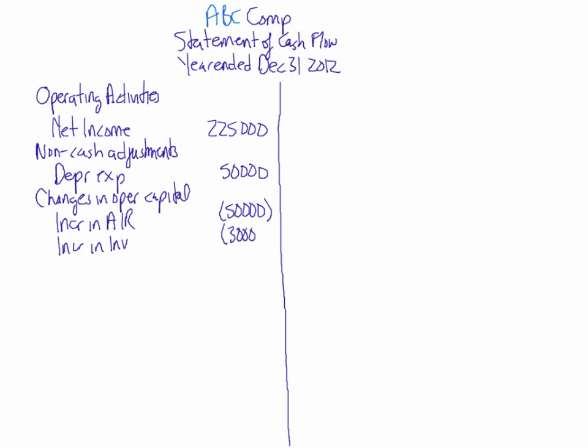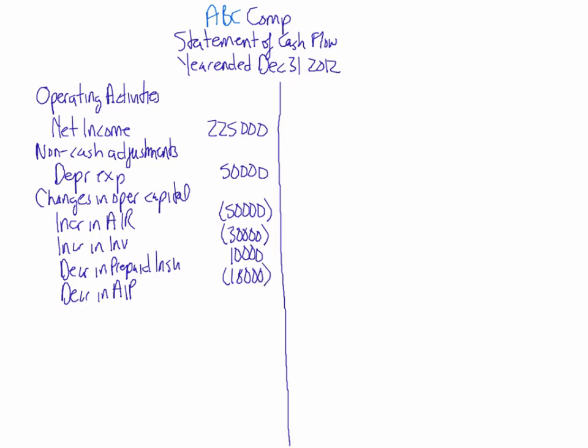I'm getting all of these numbers from what we did on the statement of financial position. I'm not going outside of that at all. I have a decrease in prepaid insurance, and that is positive $10,000. I have a decrease in accounts payable, and that is negative $18,000.